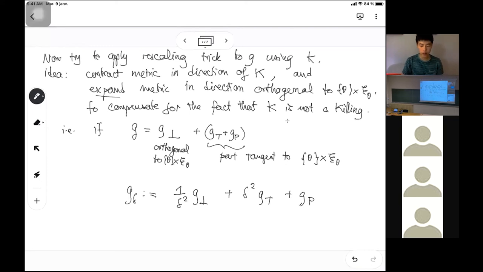So you see that you're indeed rescaling, contracting. So delta is very small. So you're contracting the part tangential to K. GT is the part tangential to your vector field K. And G orthogonal here is the part that is orthogonal to the slices, the theta, theta. And in that direction, you need to expand the metric. And there's some nice compensation when you do the computation that leads you to the conclusion.